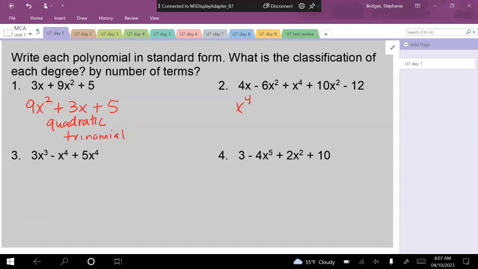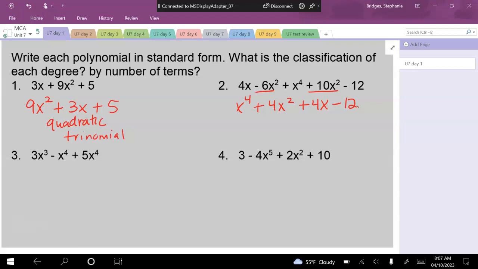I have a couple of those, so I need to combine them. If I combine a negative 6x squared and a positive 10x squared, what do I get? Positive 4x squared. Okay. Then I need any x's to the 1st power, which I have 1. It is a 4x. It is positive. And then I need my constant terms. There is only one of those as well. And so in standard form, this thing would be x to the 4th plus 4x squared plus 4x minus 12.